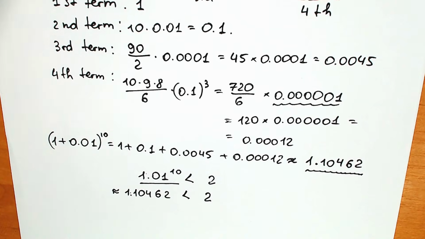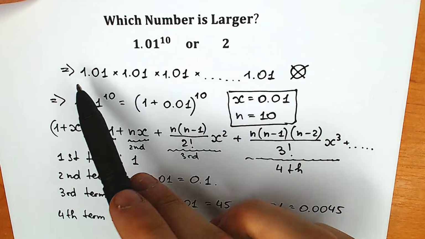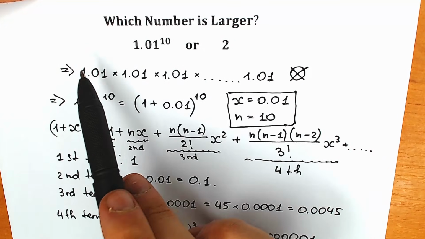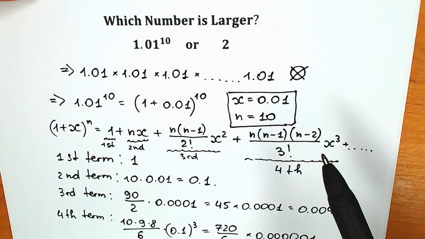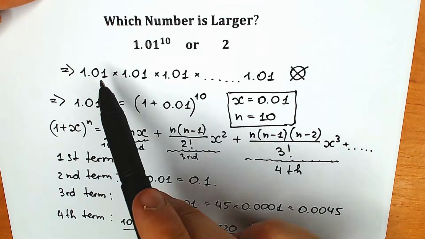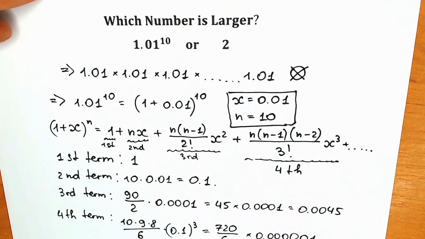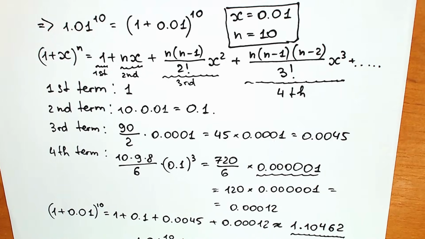And of course, a lot of students try to solve this question like that. They try to raise 1.01 to the power 10, just multiplying 1.01 by itself a lot of times. This is up to them, but I don't recommend this type of method because it takes a lot of time and it's not good for your teacher. Try to learn a little more complicated but general method.